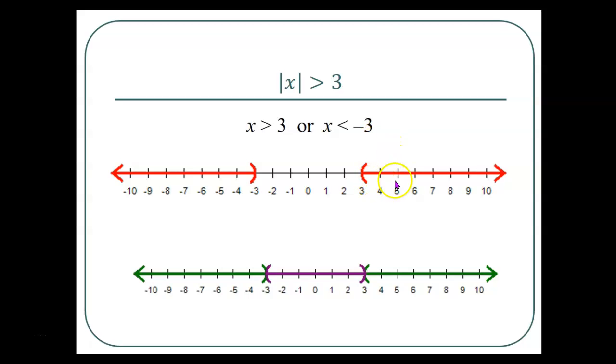So x could be a positive number like 4 or 10, and then the absolute value of x would just be that same positive number and it would be greater than 3. Or x could be a negative number that's down here below -3. Could be -4 or -10. And then the absolute value would be +4 or +10 or something like that that is greater than 3.